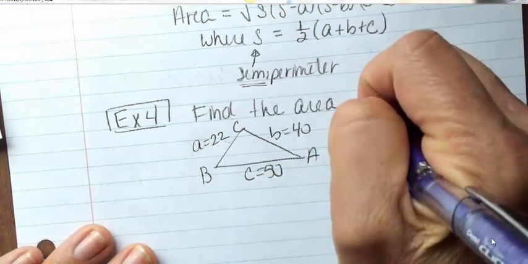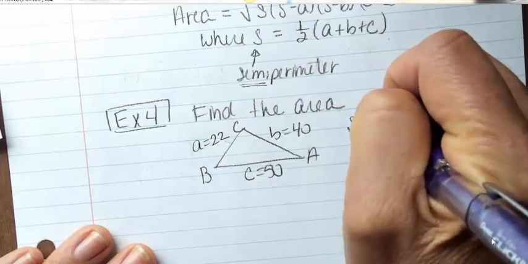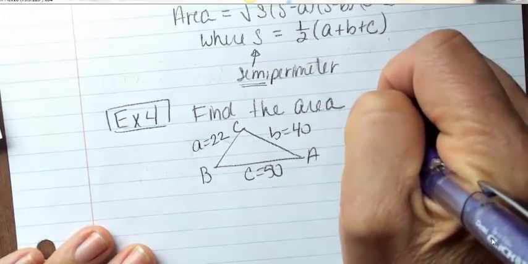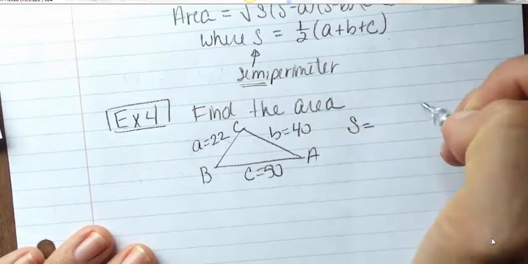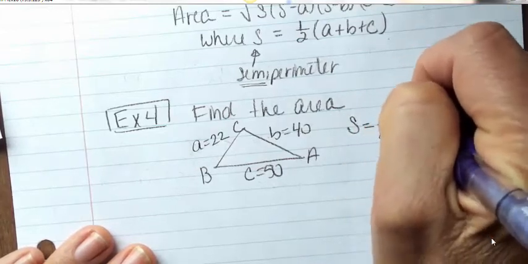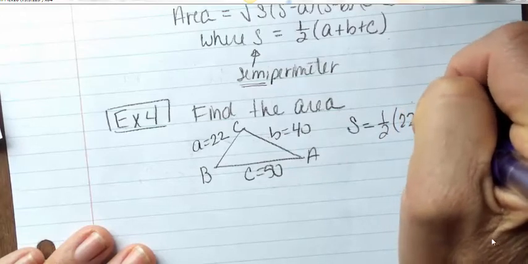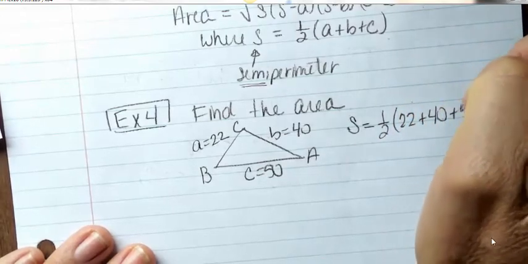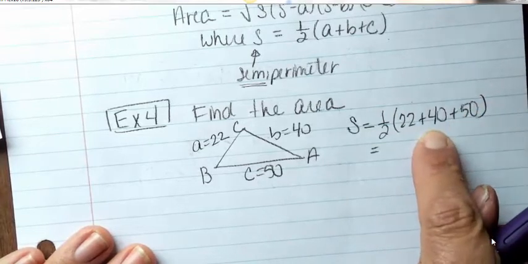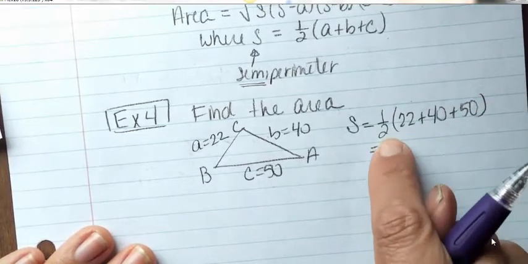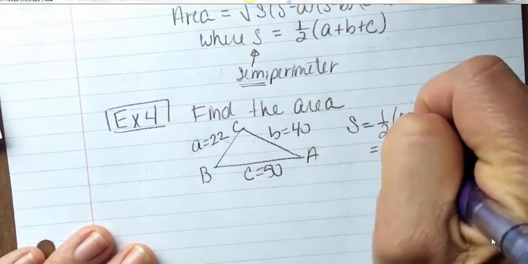First I should find the semi-perimeter, right? So let's find the semi-perimeter. That's 1/2 of all the sides added up. That's 112 divided by 2, which is 56.